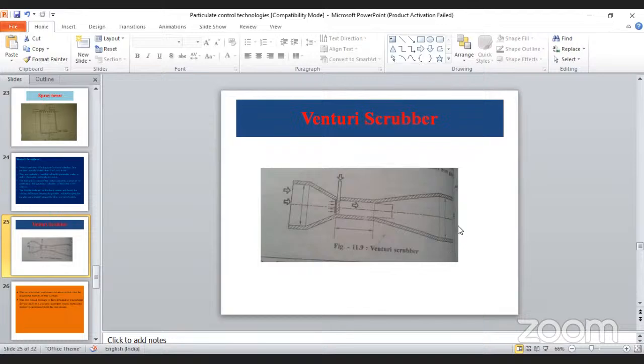These gases, we cannot say 100% are completely cleaned up. Again, this gas stream is sent to the cyclone separator for complete elimination of all sorts of particles from the clean gas.